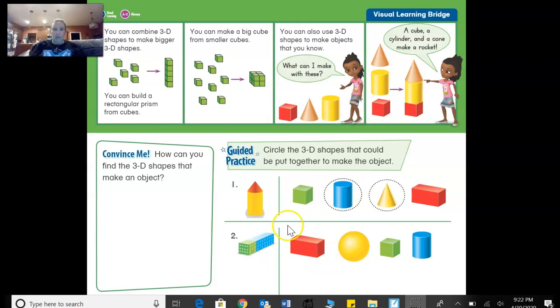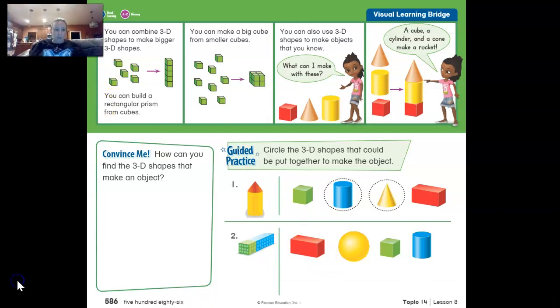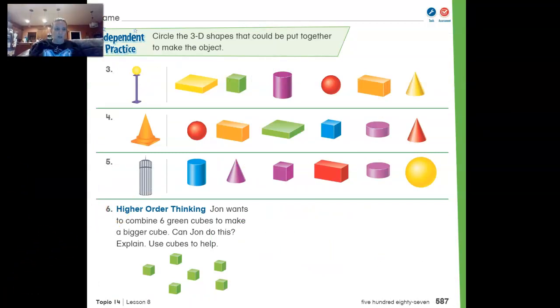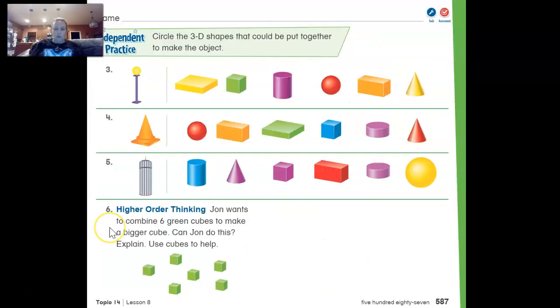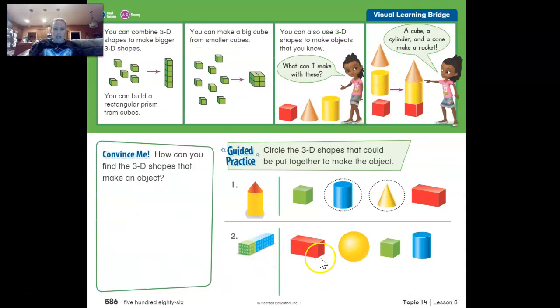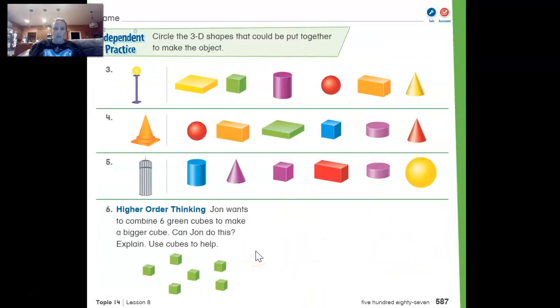So for this one, I'm going to, oops, I'm sorry, boys and girls. So for this one, I'm going to circle my rectangular prism and my cube, because those are the two shapes that make this one.